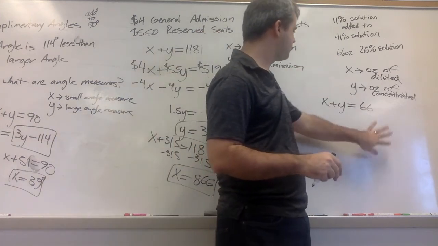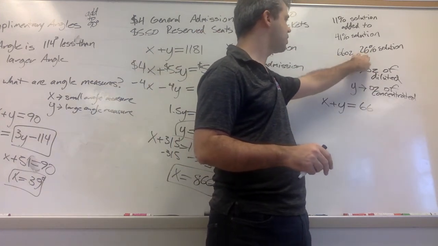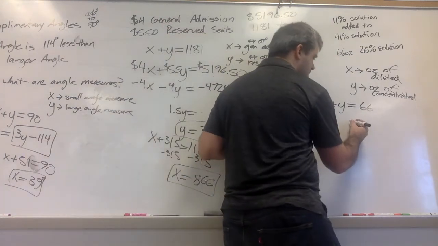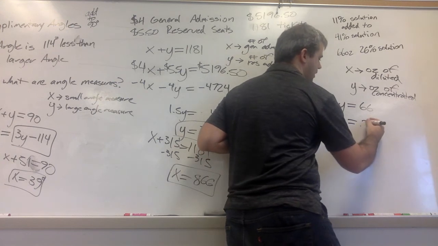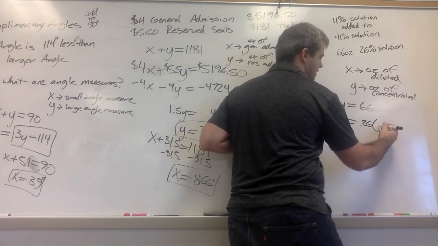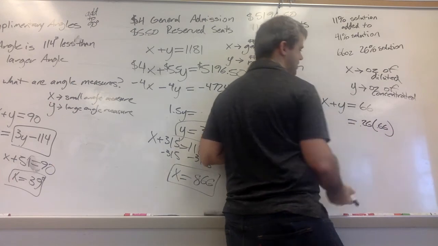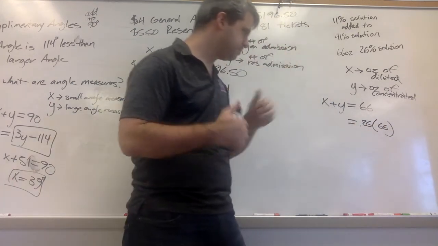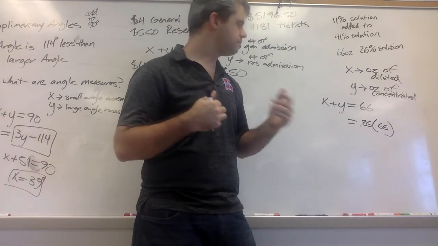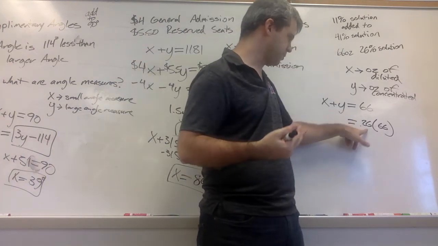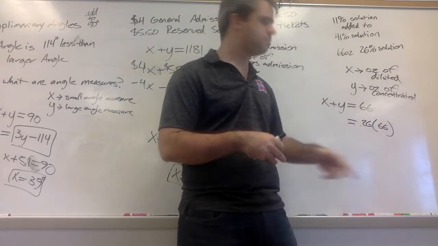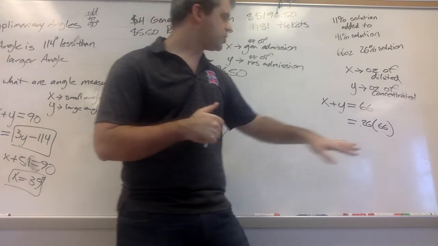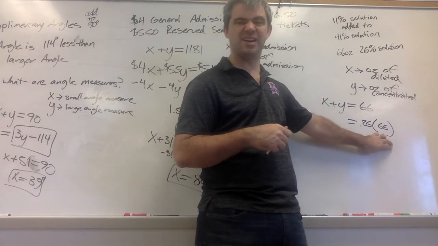So if my final solution has 26% concentration of alcohol, then the volume of alcohol will be 0.26 times 66. Because if it's 26% of this, then it's just 0.26 times 66. So that's how much alcohol is in here.